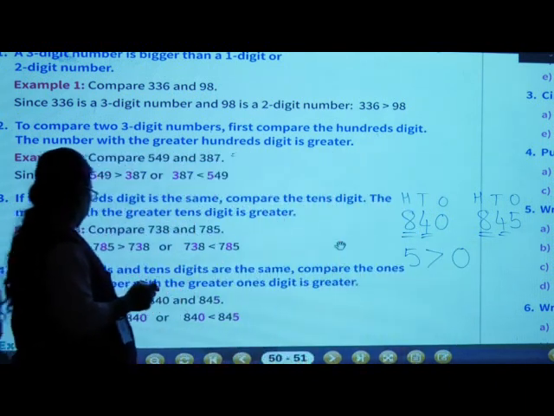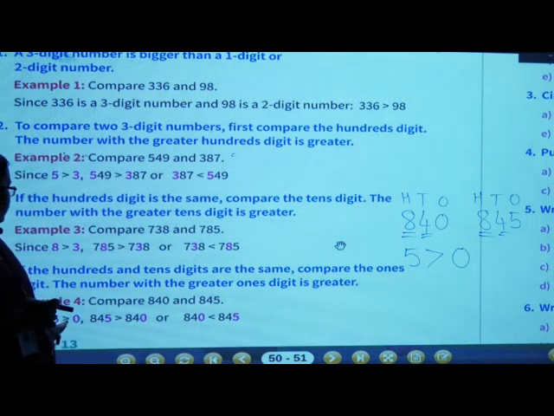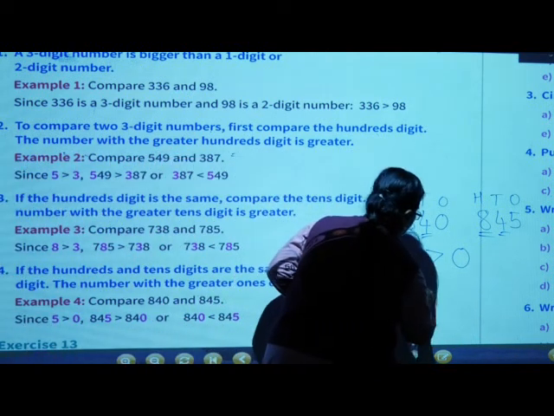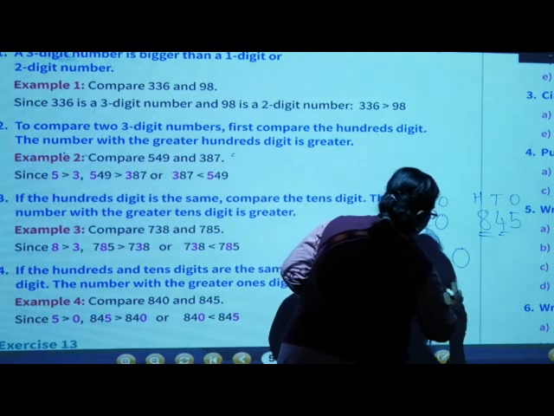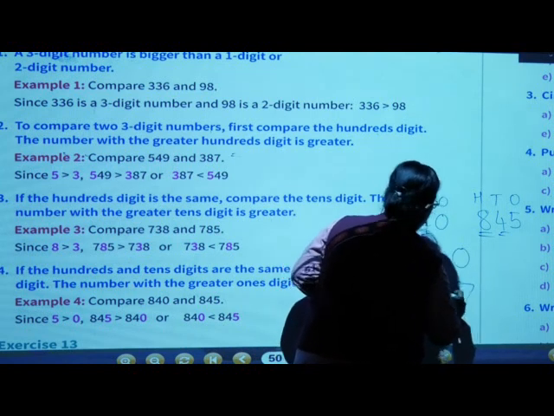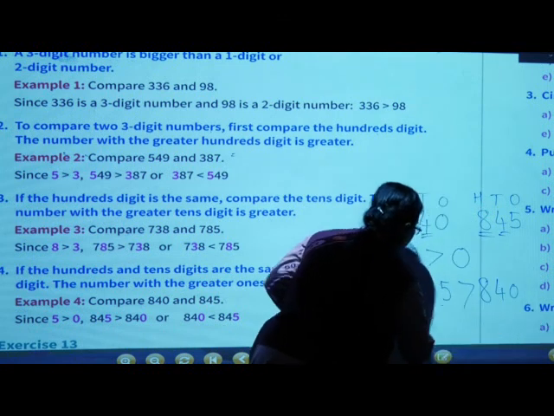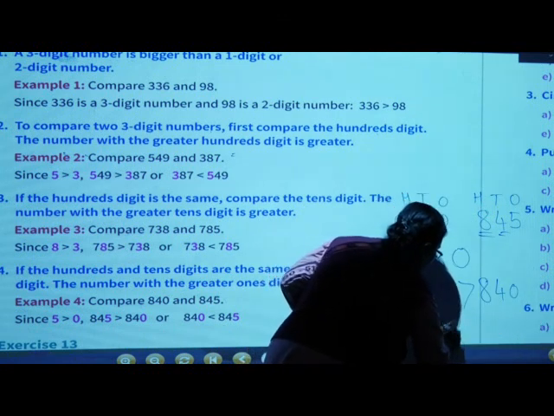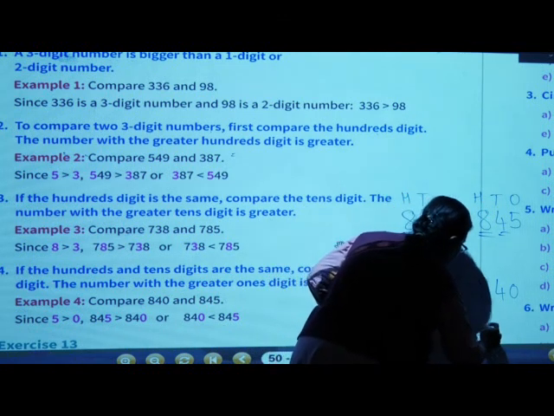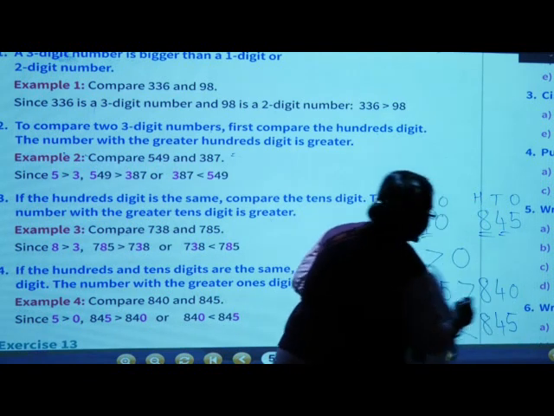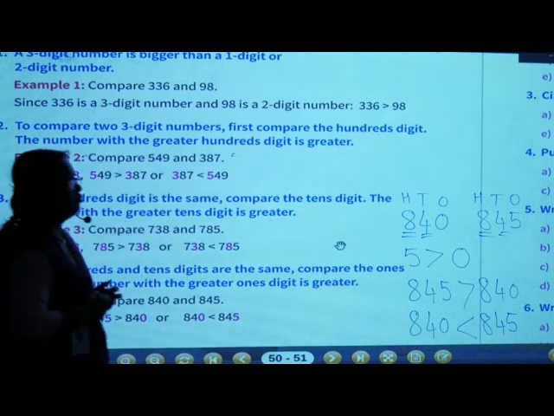Okay, so what will come? 5 is greater than 0, that is 845. 845 is greater than 840, or 840 is smaller than 845.